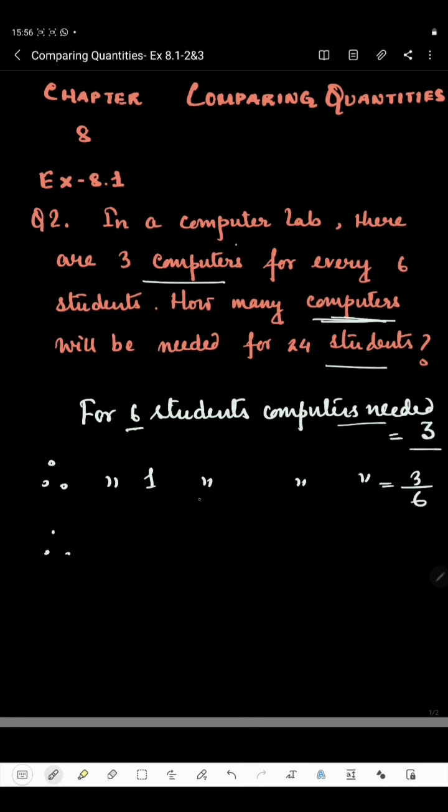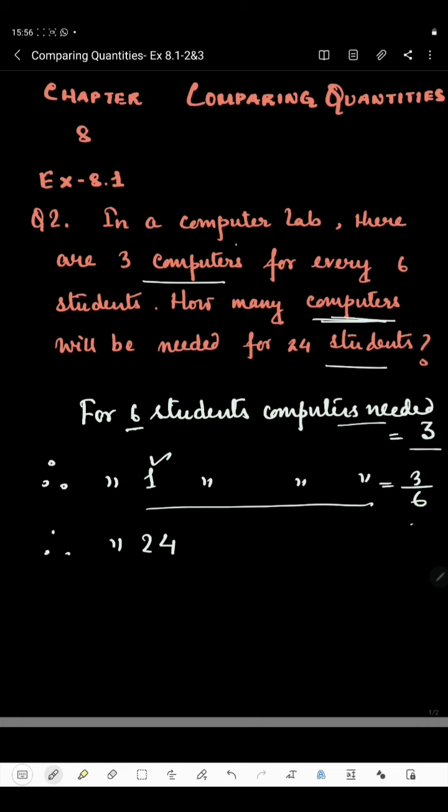So when we know the value of 1 and we have to find for more than 1, it's multiplication. When we find for 1, it's division. Here, if you want, you can solve this part, but we haven't solved it, we just keep this as it is.